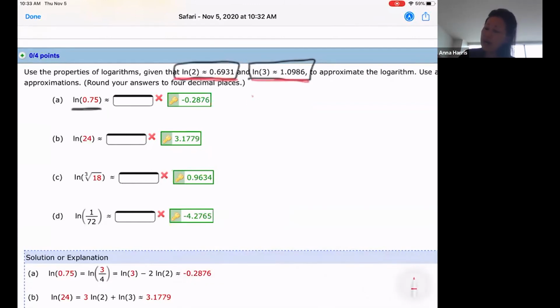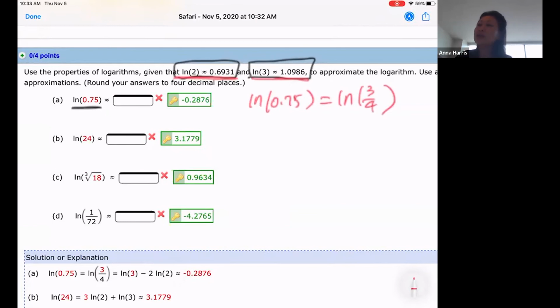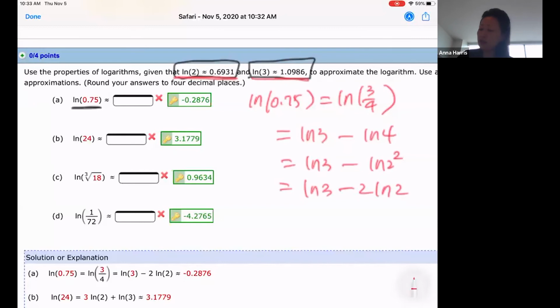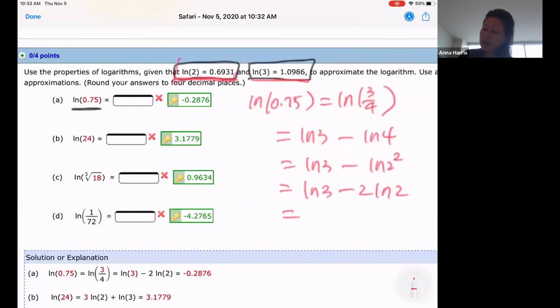So what they mean is, natural log 0.75, you need to rewrite it as natural log of 3 over 4. 0.75 is the same as 3 over 4. And you're going to say, okay, that's the same as natural log of 3 minus natural log of 4. Now I can plug in these numbers.